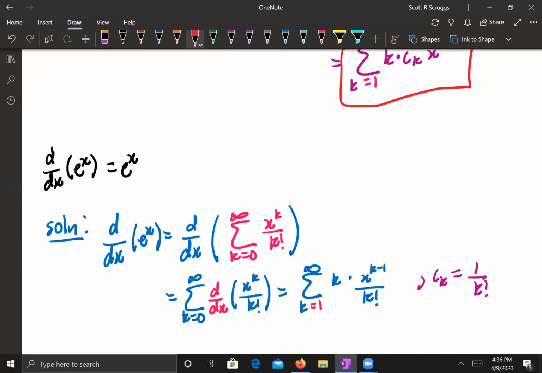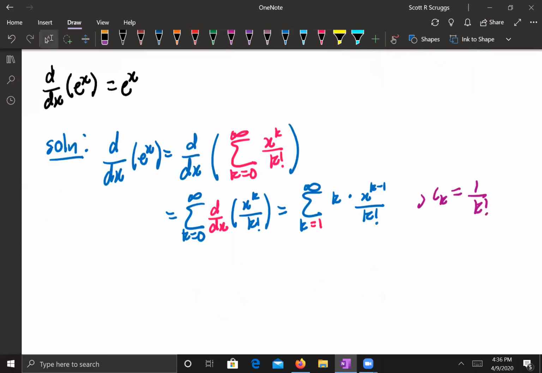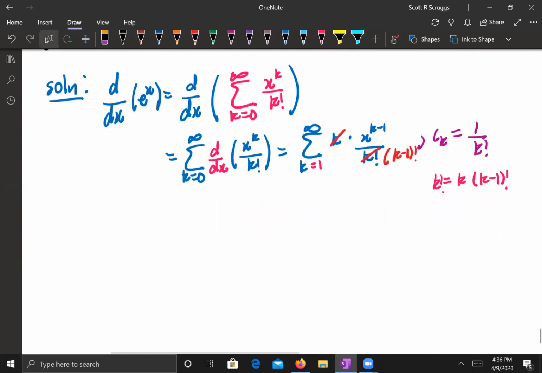But let's go ahead and start simplifying. I have a k factorial, I have a k. I can rewrite k factorial as k times k minus 1 factorial, meaning I could cross out that k, and I have now k minus 1 factorial.